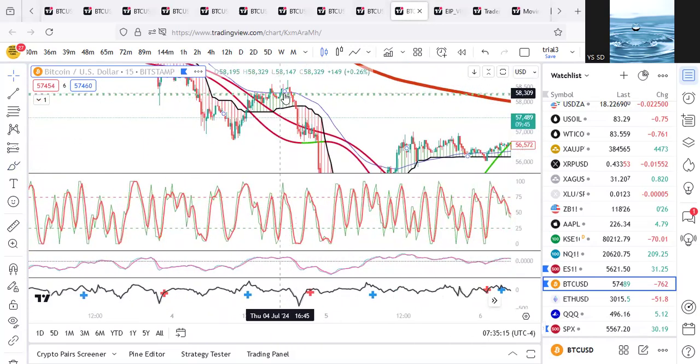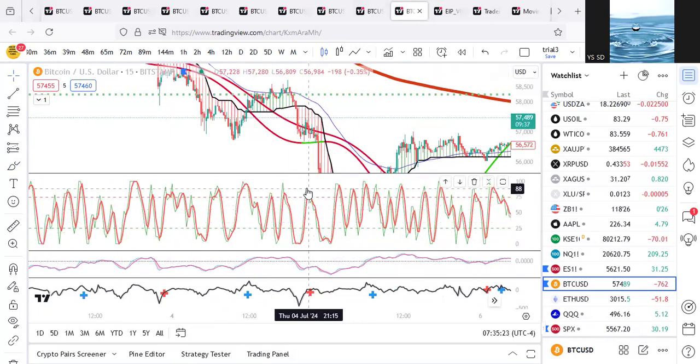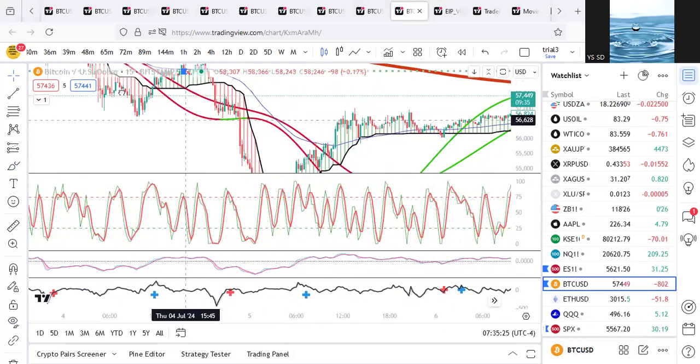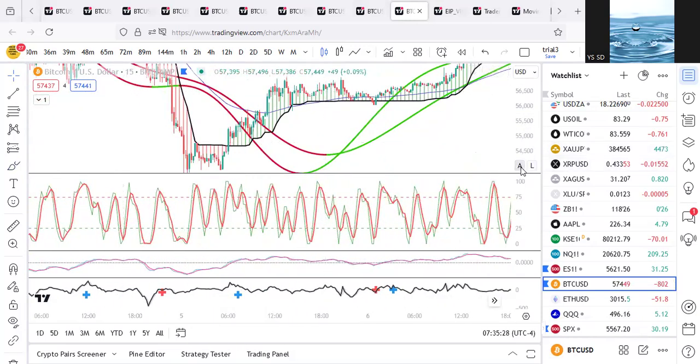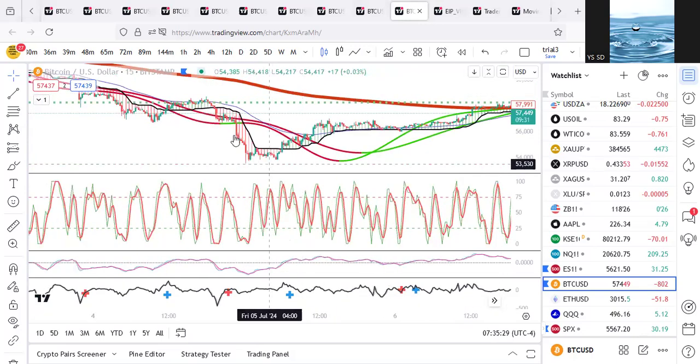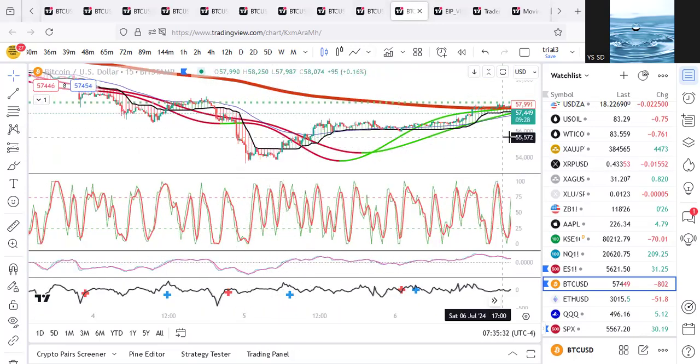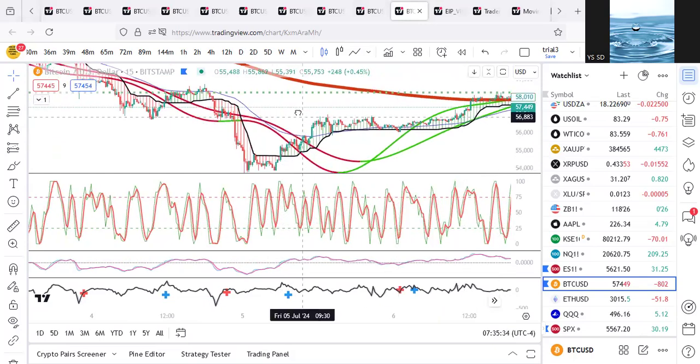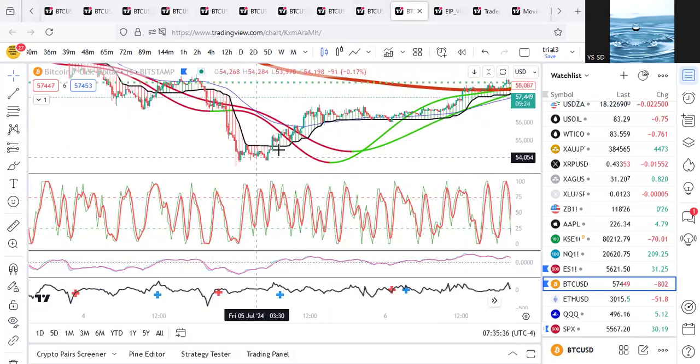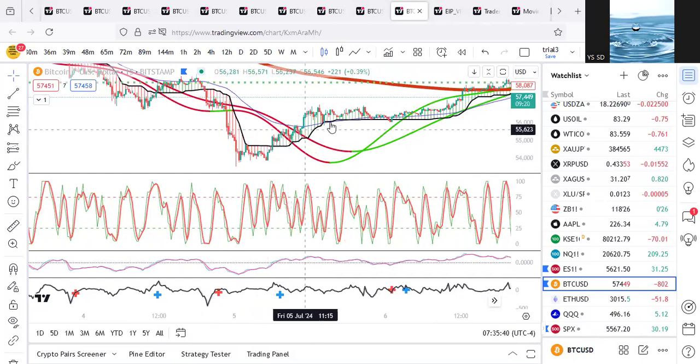Over here you had to be a bit careful, but once the price started going below the moving average, the blue and the black, it was a sell. Overbought, sell. Do you see the continuation we are having? And then it was a sell until the price started going back above the moving average, and now it was the totally opposite.